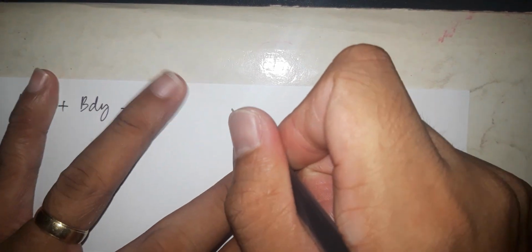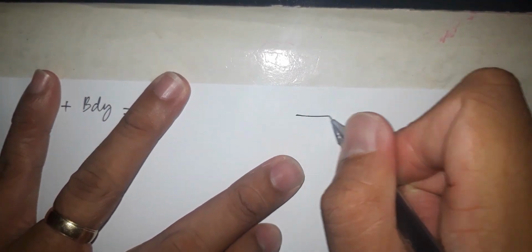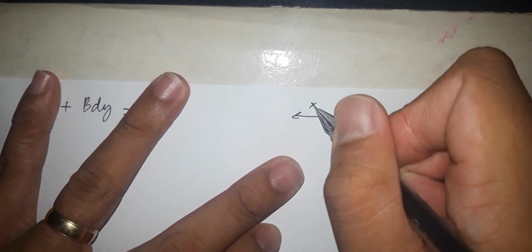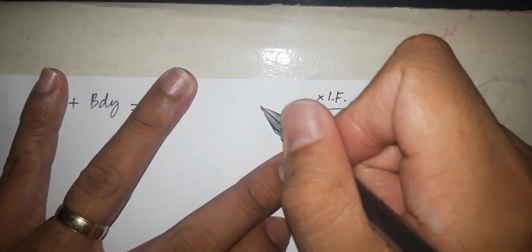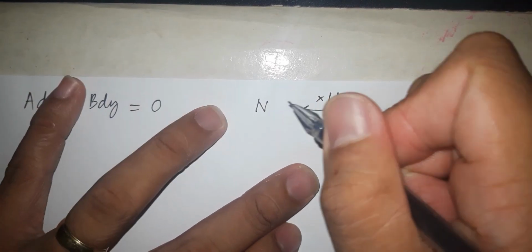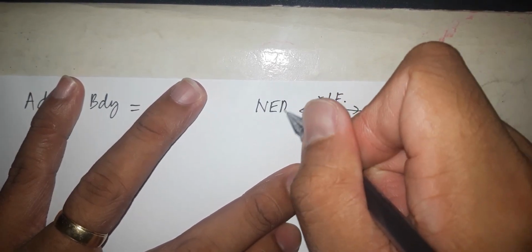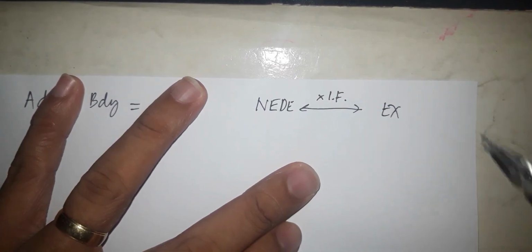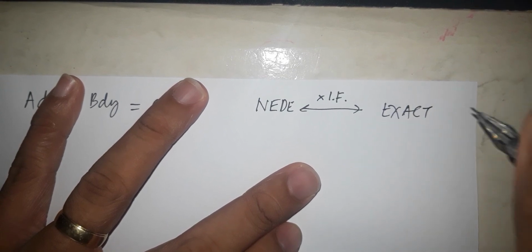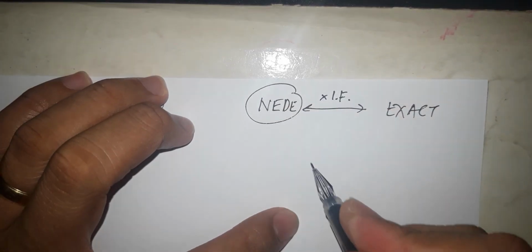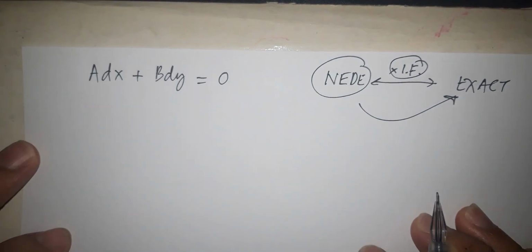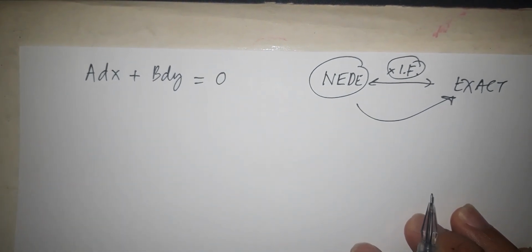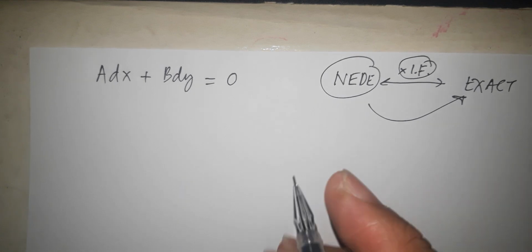So, di ba ang aim natin, kaya tayo nagmumultiply ng integrating factor is that for us to convert this non-exact DE to an exact DE. So, i-convert natin itong non-exact para maging exact by multiplying this integrating factor para maging siyang exact differential.